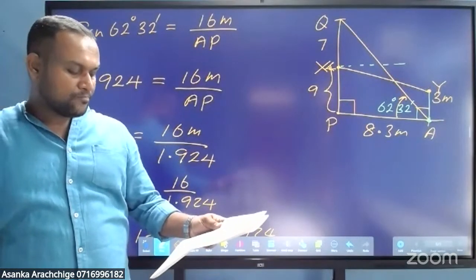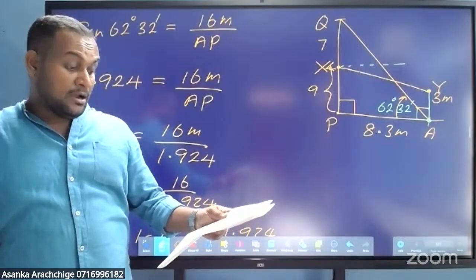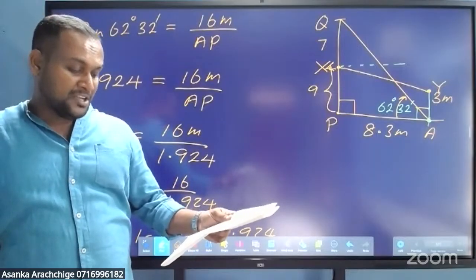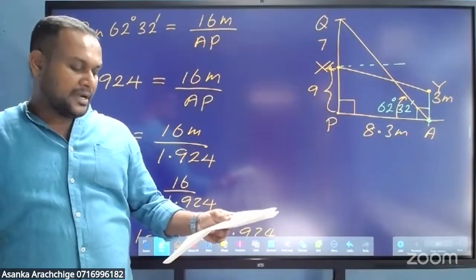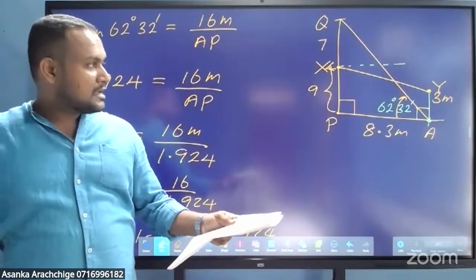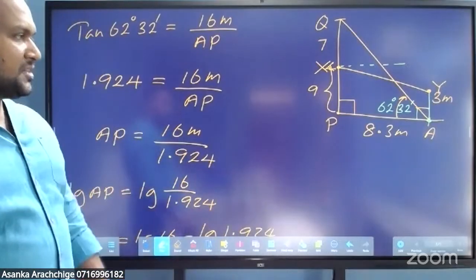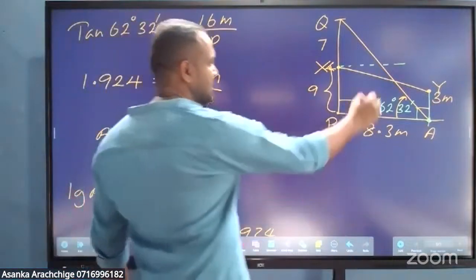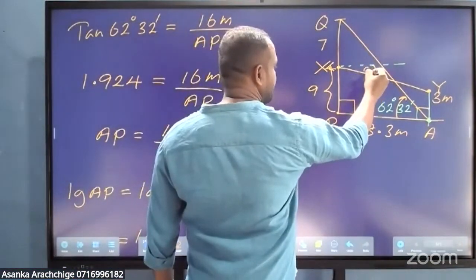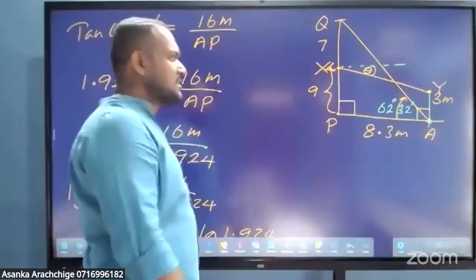Show that the angle of depression at which the spiral sees the cat from x is greater than 35 degrees. Angle of depression, right? Which means this angle. We have to find this. I denote it as theta.